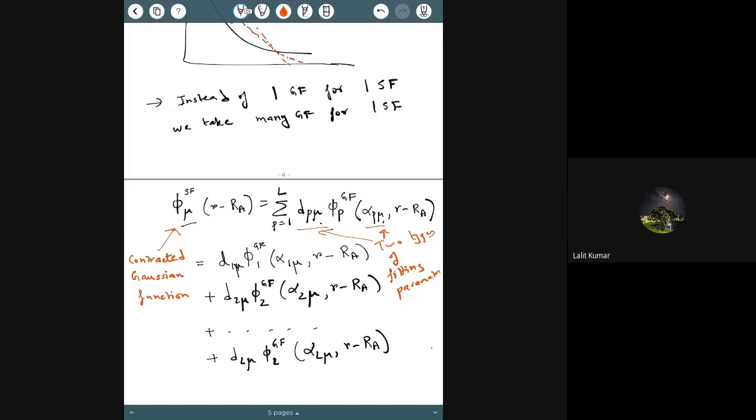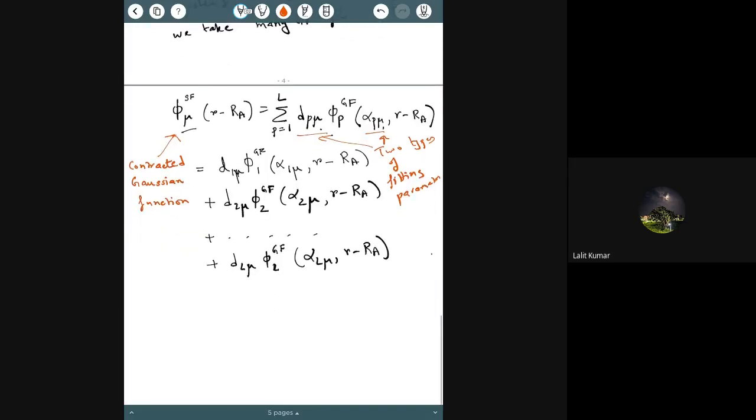So with a suitable choice of both d and alpha, you can find a function which represents your atomic orbital as best as you would like. In principle, you can do it as well as you would like by taking more and more Gaussian functions and more different types of exponents. But usually, just taking up to 3 is good enough.